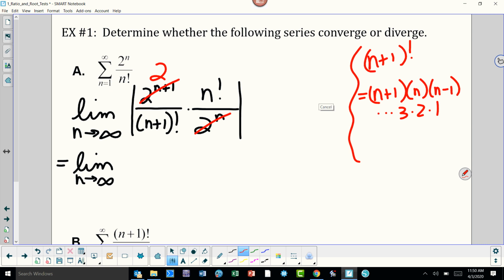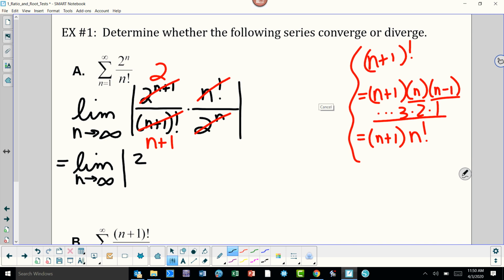But remember that n factorial means n times n minus 1, etc. So this is really n plus 1 times n factorial. So that means the n factorial will go away, and I will be left with just n plus 1. Now, some students just mark off the factorial, but I really like to rewrite it. That just leads to fewer mistakes, okay?